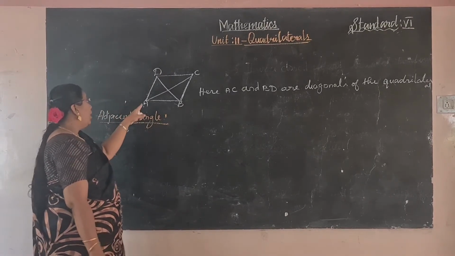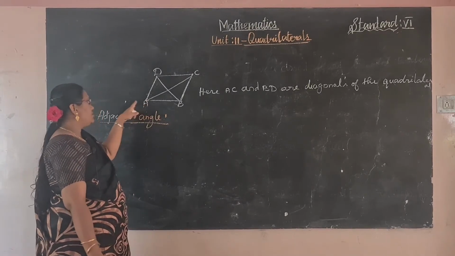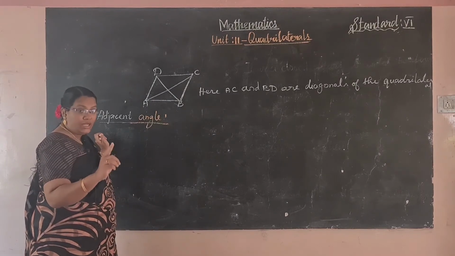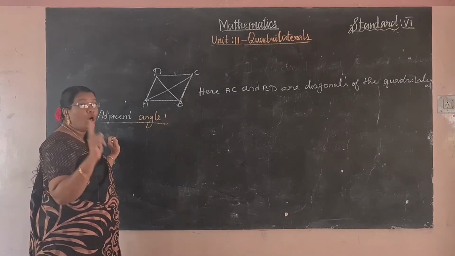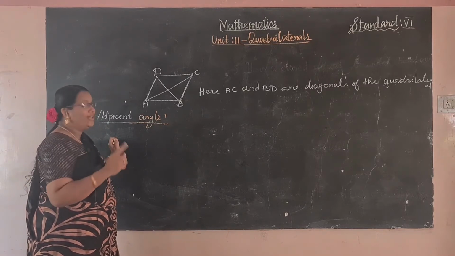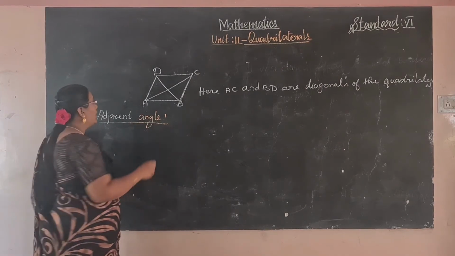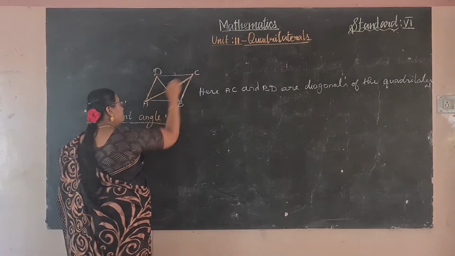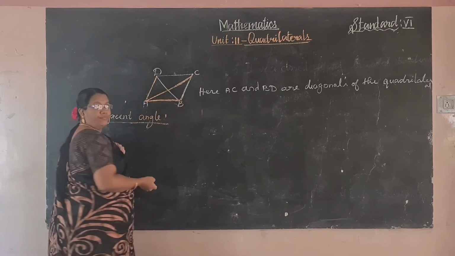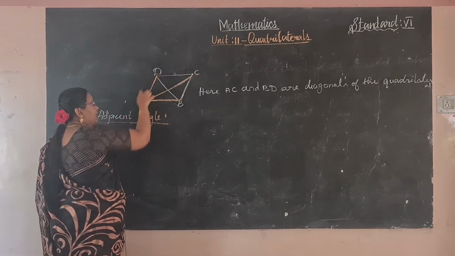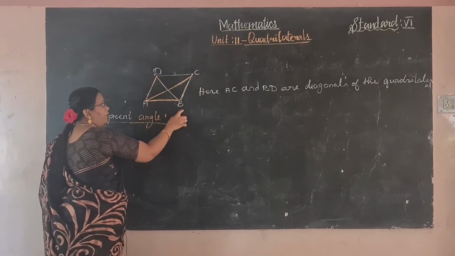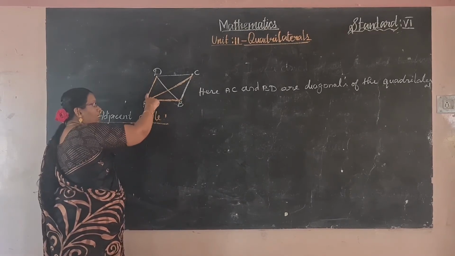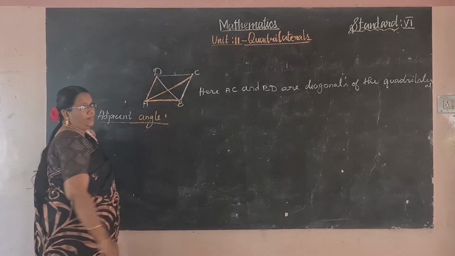Adjacent angles means two angles having a common arm. Then those two angles are called the adjacent angles. See here, what are the angles? DAC and CAB are the adjacent angles. These two have the common arm AC.